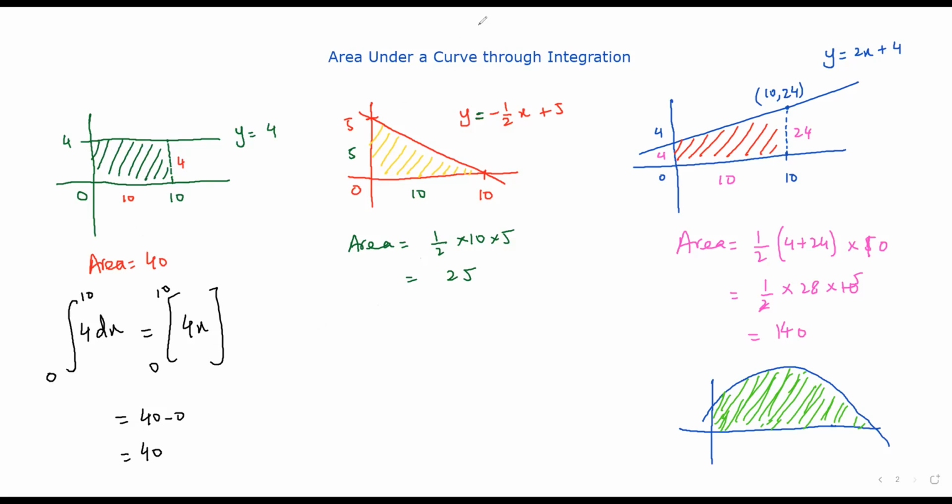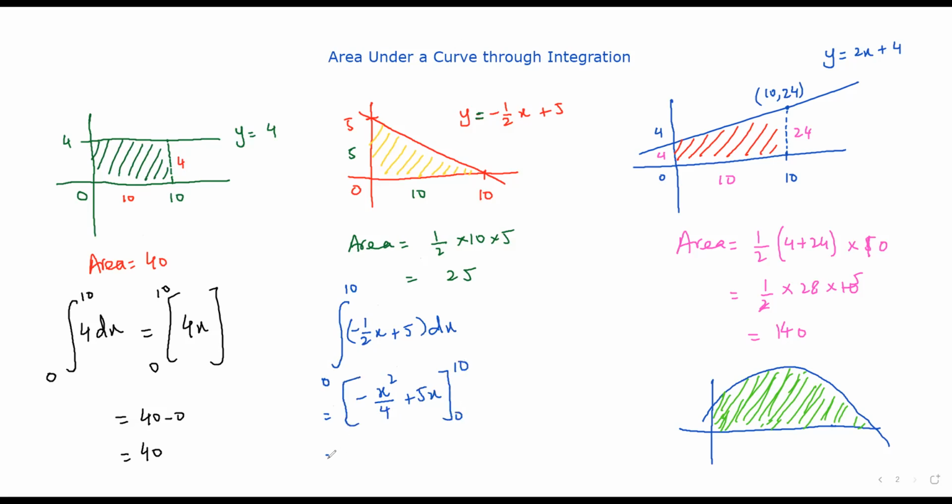Let's see if it works here as well. Let's integrate this from 0 to 10. It is going to be minus half x plus 5. When you integrate it, you get minus x square over 4, and then you have 5x, with the limits from 0 to 10.